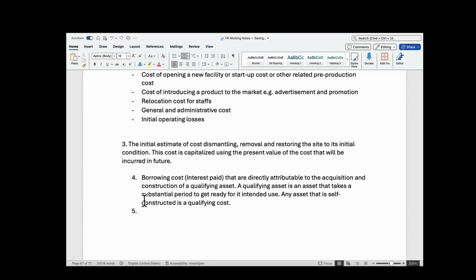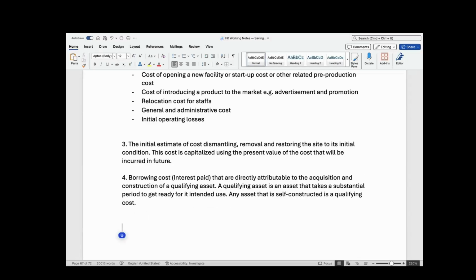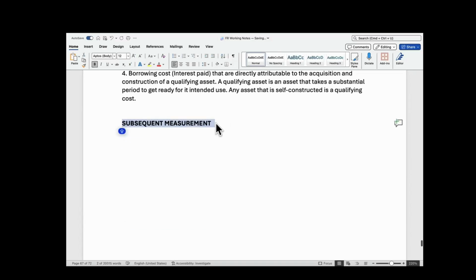Okay. Now, that being mentioned, we are qualified to move to subsequent measurements. For subsequent measurement, I mentioned earlier that we accountants usually measure assets at the end of every year. We continually remeasure. In remeasuring the assets, there are two ways, which we call models.